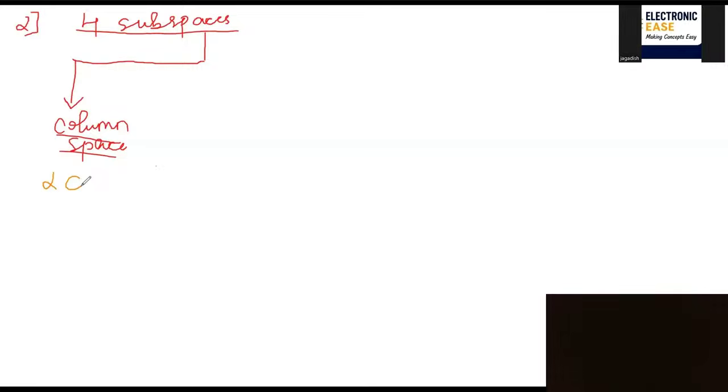columns of capital A, representing all the possible outputs in small b.